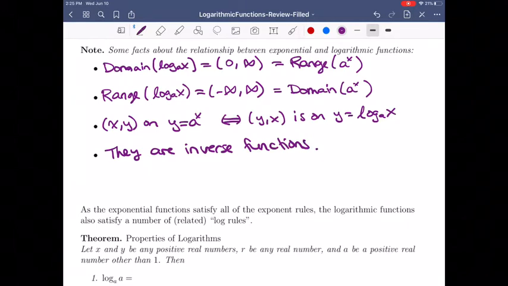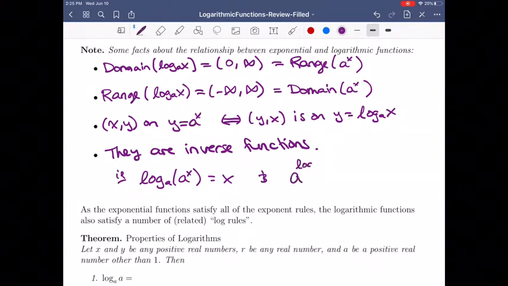So if I take log base a of a to the x, I just get x. Similarly, if I have a to the log base a of x, I also just get x. So the log and the exponential sort of cancel each other out.